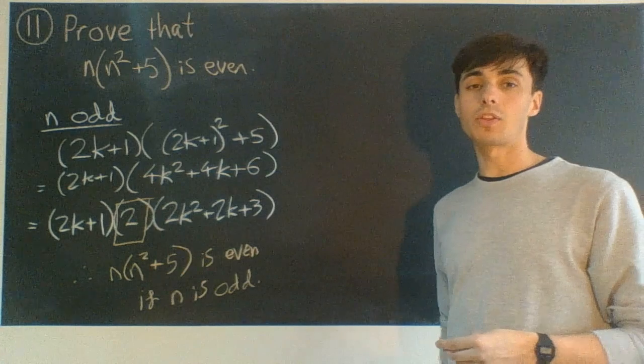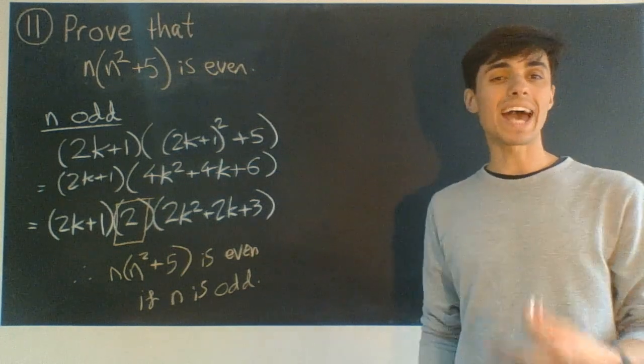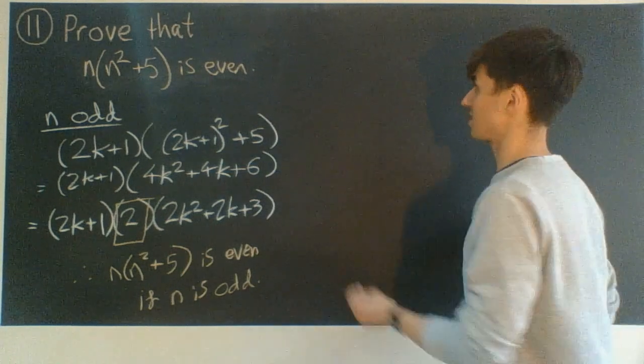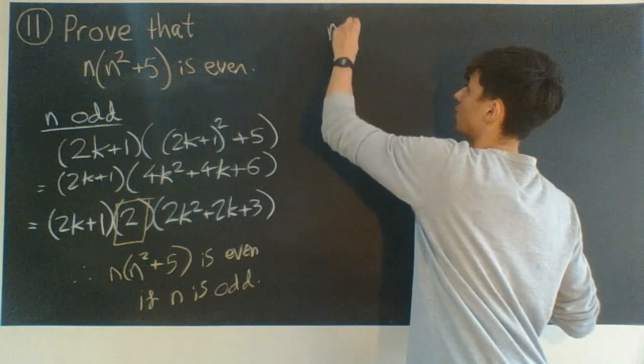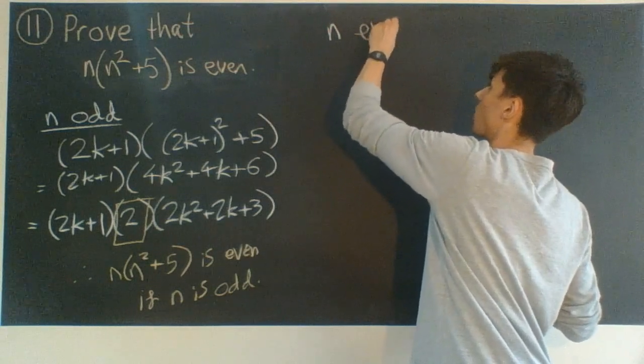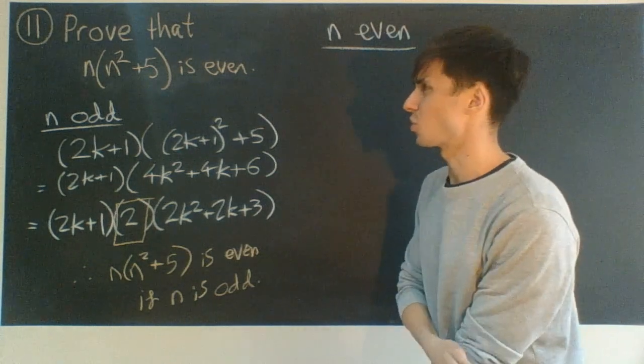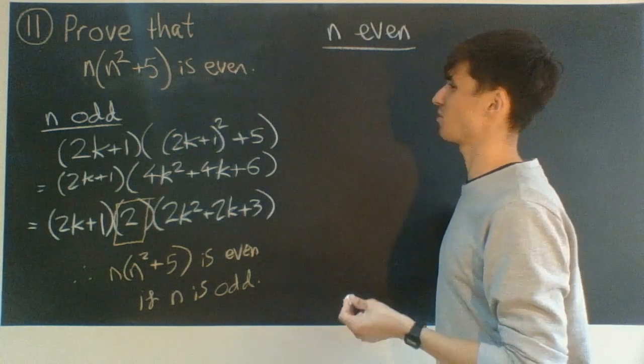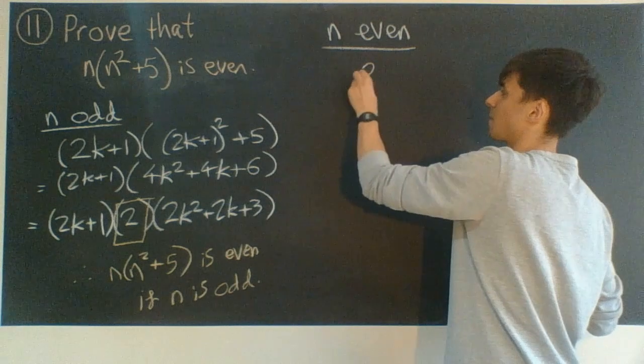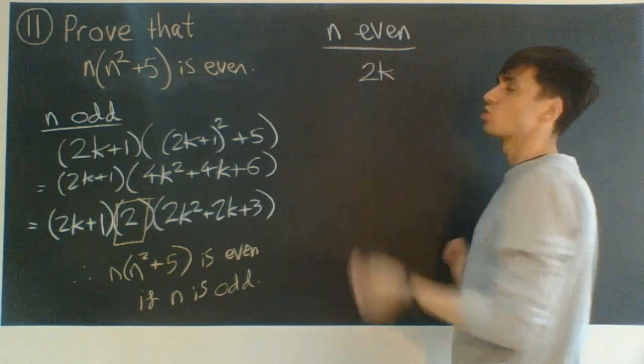Now let's look at the other case for n, because n could also be an even number itself. So the second part is us looking, well, what if n is even? This one's actually easier to do, because if n is even, we can just write it as a number like this, 2k.